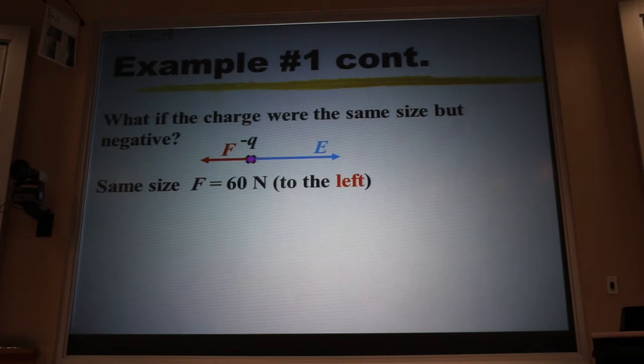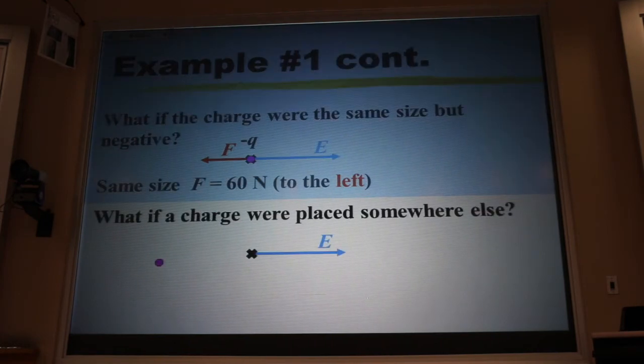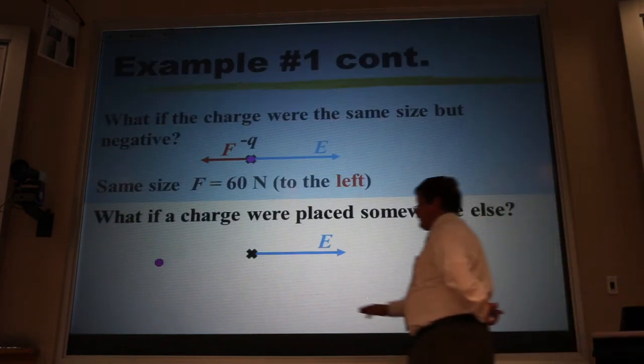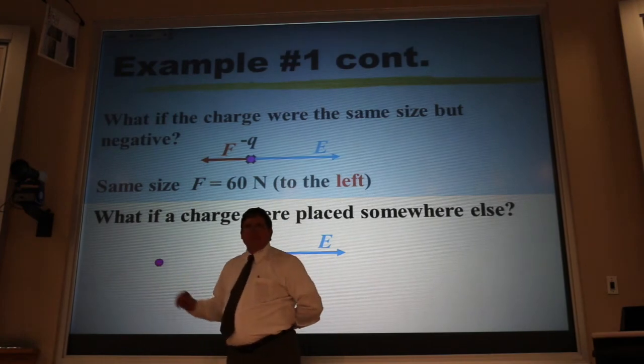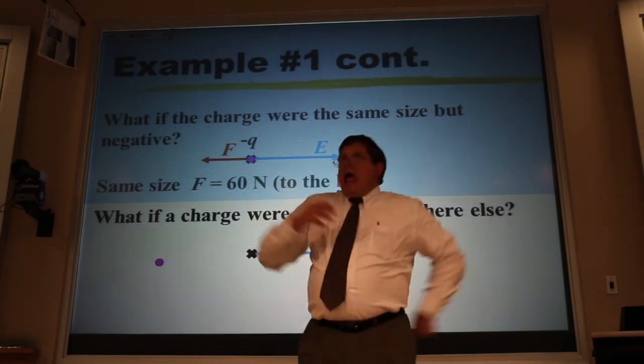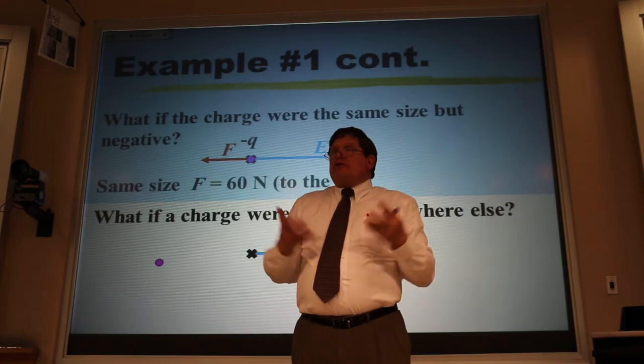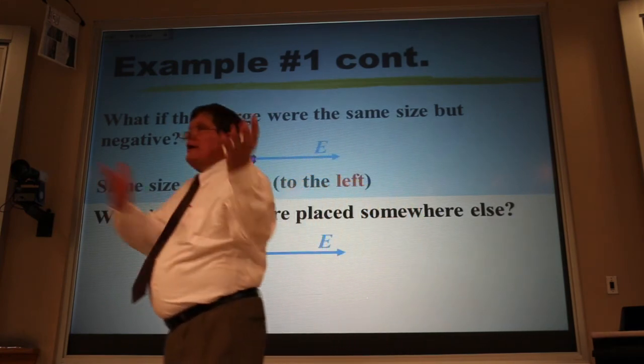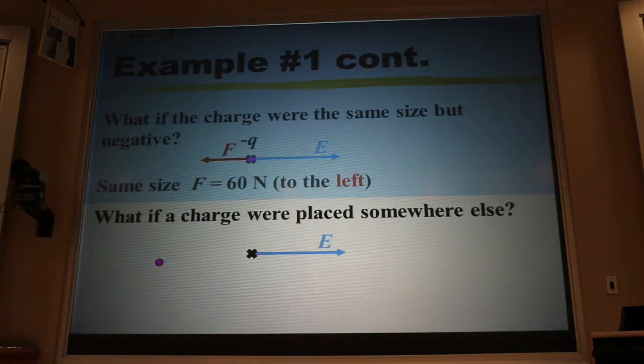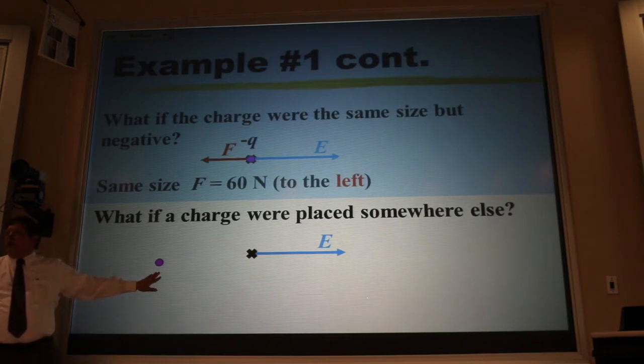Now, what if I put it somewhere else? What if I put that test charge over here? I don't know. It turns out the gravitational field is boring. It's the same everywhere in this room. But an electric field can change drastically from point to point. And that's why we call this little guy a test charge.